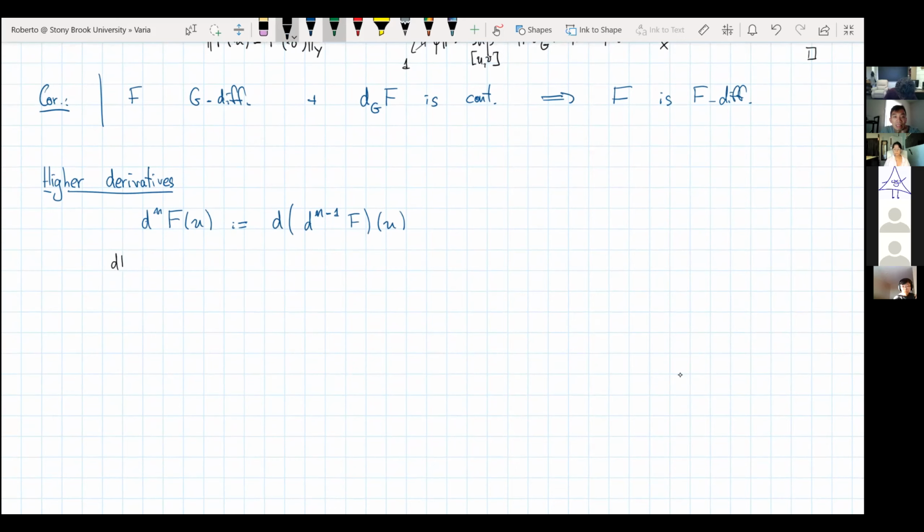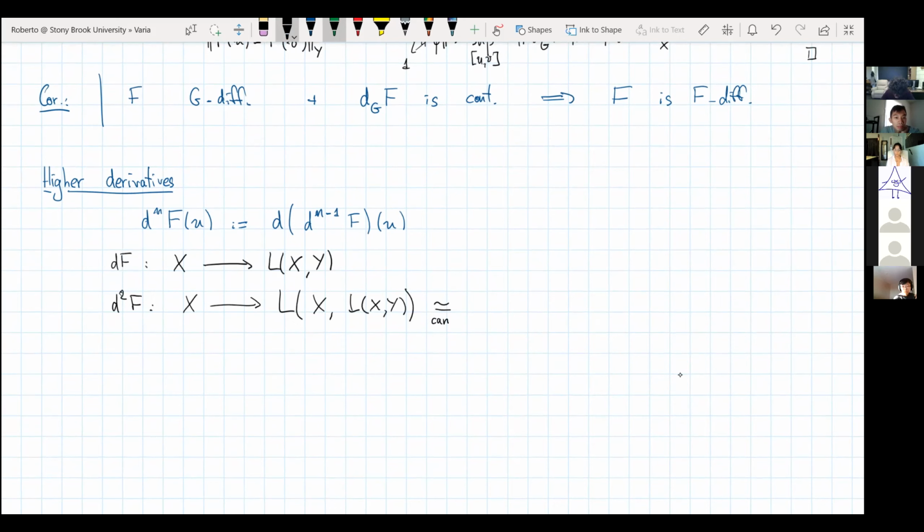But the thing I want to say here is this. The first differential is a map from x to the linear operators from x to y. The second differential will be then a map from x to the linear operators from x to the linear operators from x to y. But there is a nicer way of looking at that.